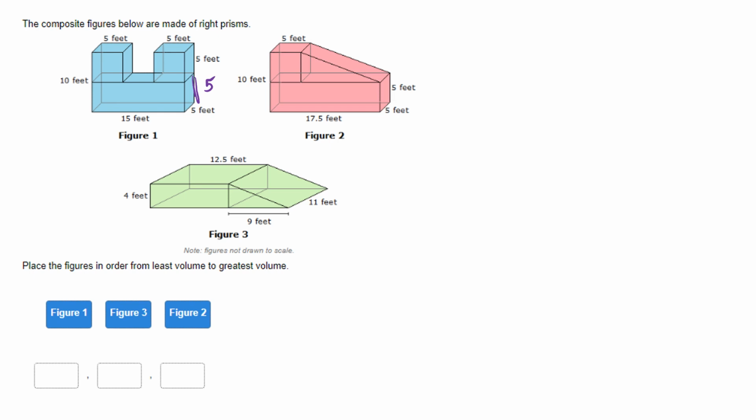So I can multiply 15 times 5 times 5. And I get 375. So I'm done with that one. Now I've got 2 cubes up there. 5 times 5 times 5.